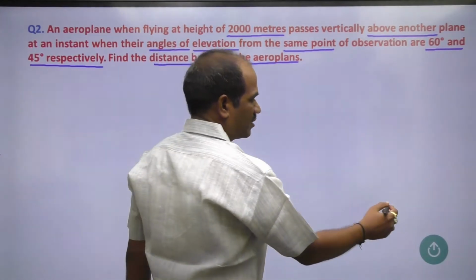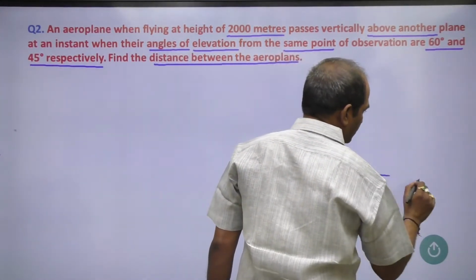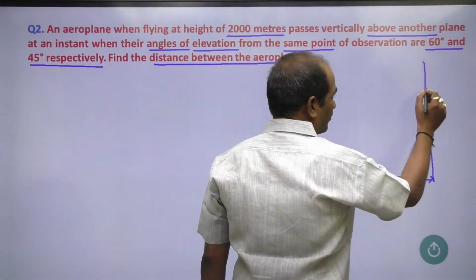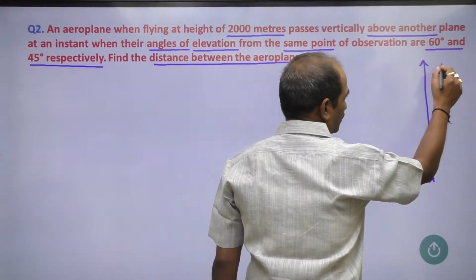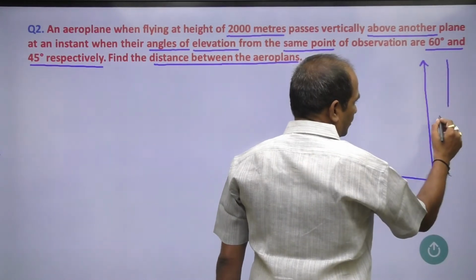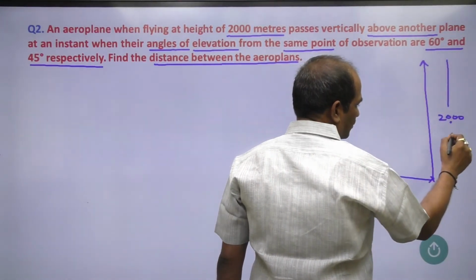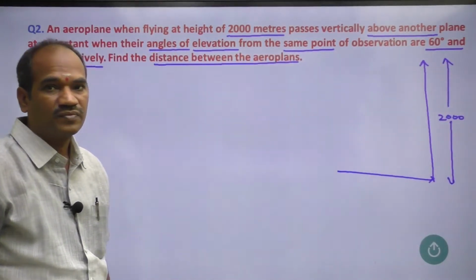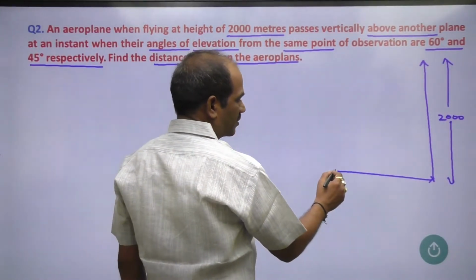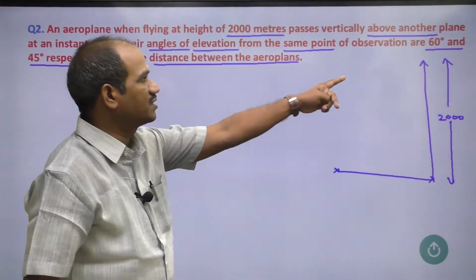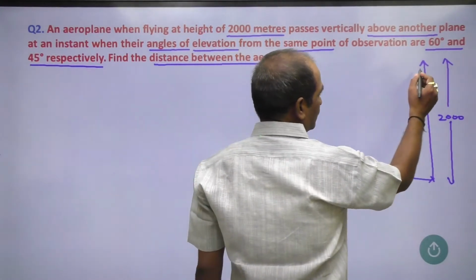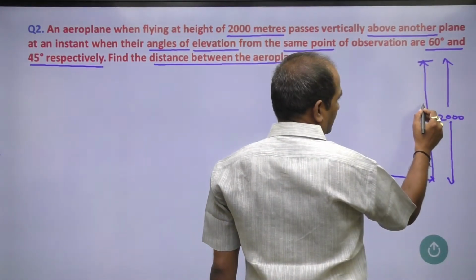See here first, this is the base. So vertically above, this distance is 2000 meters. The angles of elevation are 60 and 45 degrees. Here take two planes. This is the first plane, this is the second plane.